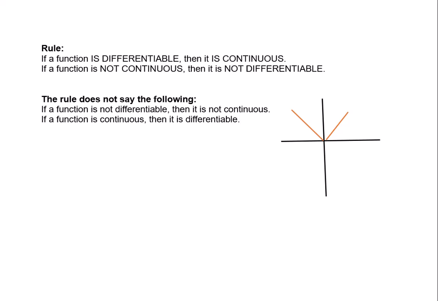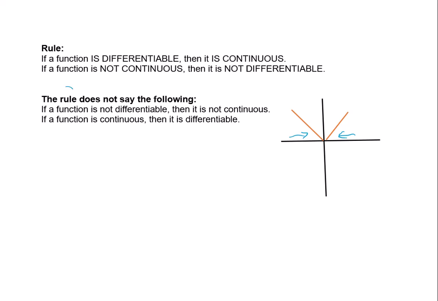Here's a for instance. If I had the absolute value function, as I'm approaching 0 from the right, the slope of that function is positive 1. As I'm coming at 0 from the left, the slope is negative 1. Now that function is continuous, but it's not differentiable because those limits are not the same as I'm approaching 0.